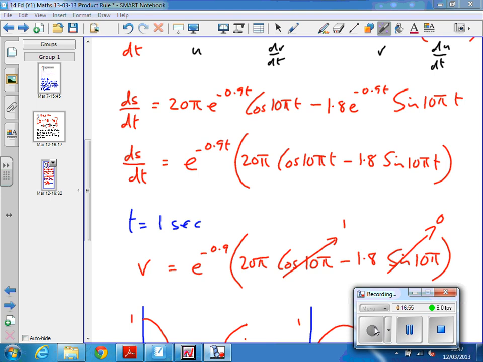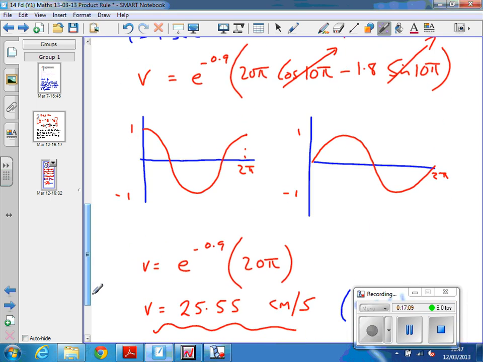Okay? And that's important to remember, because it's difficult to know what answer you're going to expect in these situations. So whatever answer comes out of the calculator, you're going to put down. But if you're in degrees, you'll get a wrong answer. Doing it this way, knowing what the cos of 10 pi and the sine of 10 pi ought to be, means you won't make that mistake. But it's fine to use the calculator and go through the whole thing, but check you're in radians. Otherwise, you'll get the wrong answer.